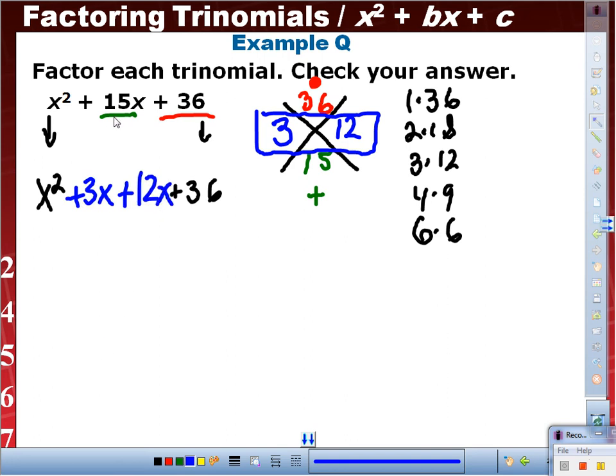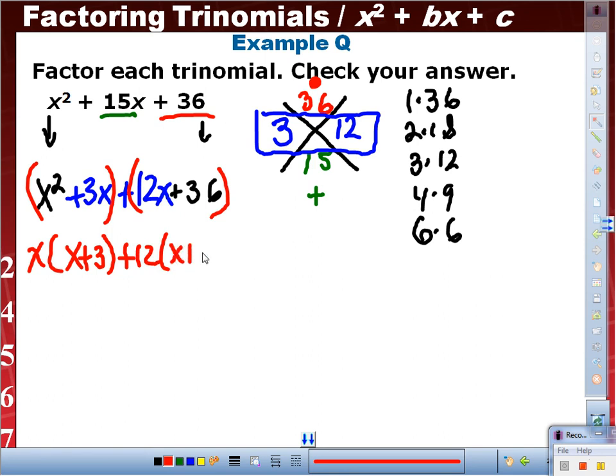Do you agree that the 15 became 3 and 12? If that's true, at this point I can use factor by grouping. What is the GCF for these two? X, we're left with x plus 3. Plus, what is the GCF for these two? 12. What do you have left? X plus 3. So my factors are x plus 3 times x plus 12.